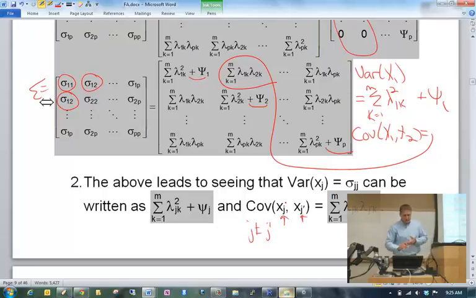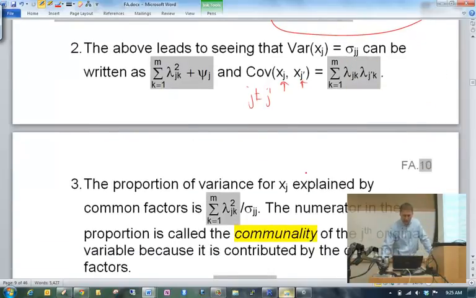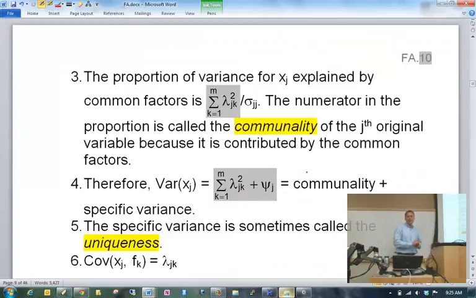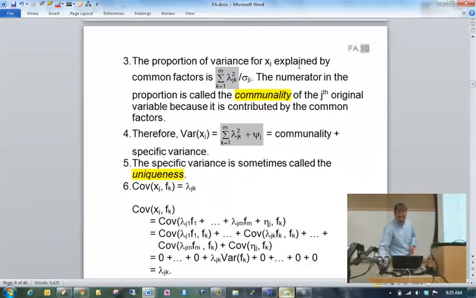Okay, so this is actually on page 10. Why don't I just go there? The proportion of variance for xj that's explained by the common factors is the sum of these lambda squared divided by the variance of xj.